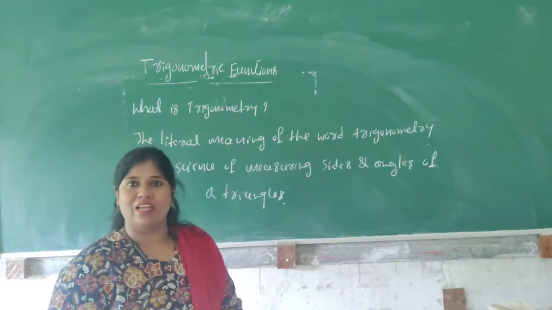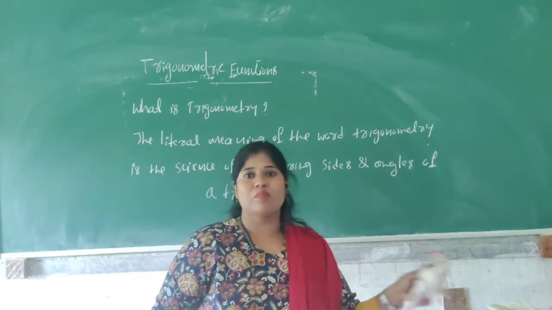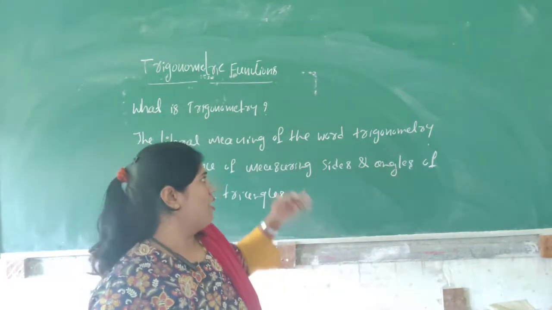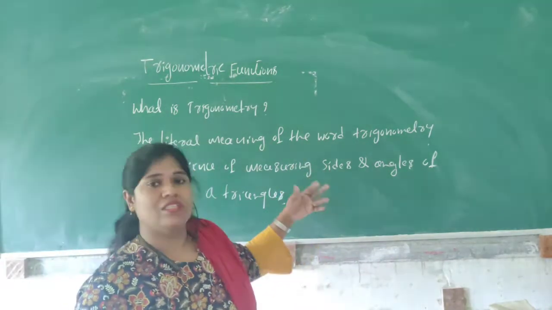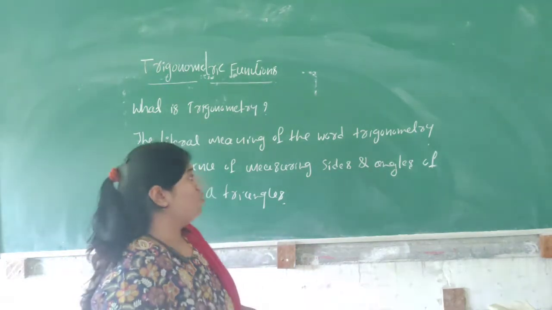Next, what is an angle? An angle is a measure of rotation of a given point about its initial point.